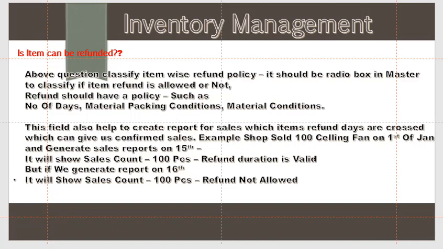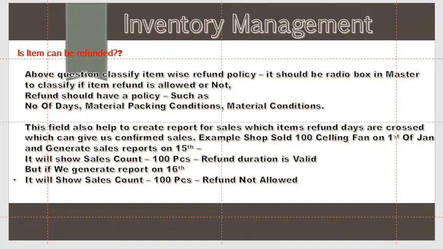Take the example, as I have defined: if you sell 100 ceiling fans from 1st January to 15th, and you have a refund policy of 15 days. On the first you sold 100, so until the 15th there is a chance that the customer can come and return.